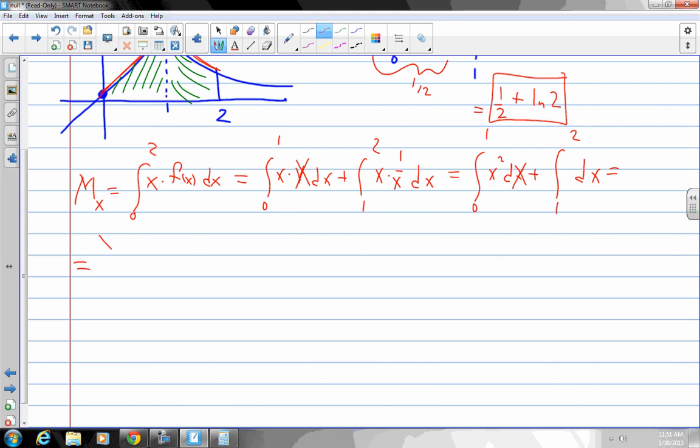So we're getting something out of that. So it's x cubed over 3 from 0 to 1, and then that's just x from 1 to 2. So what are we getting? 1/3 plus 1, right?